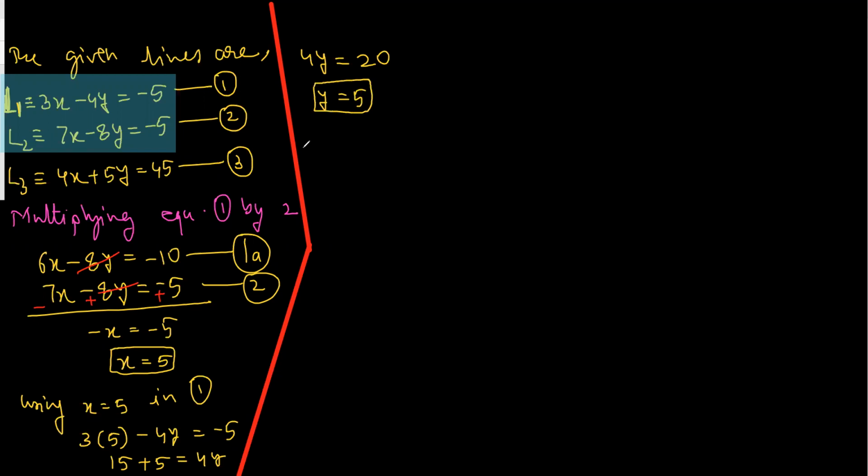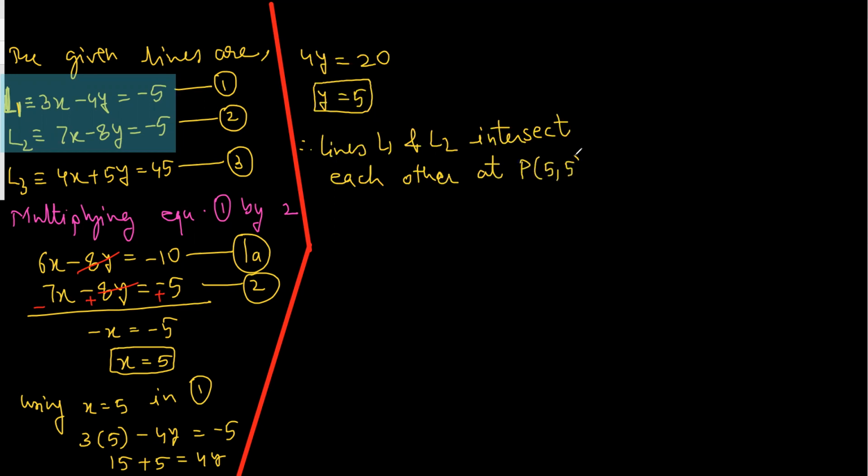Therefore, lines L1 and L2 intersect each other at P(5, 5). The x coordinate is 5, the y coordinate is 5.